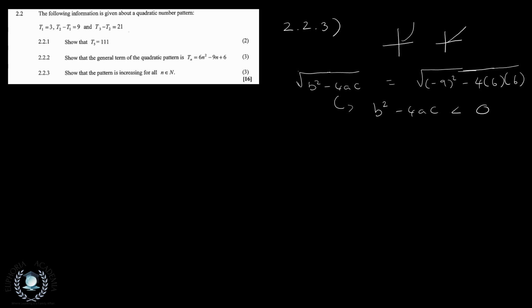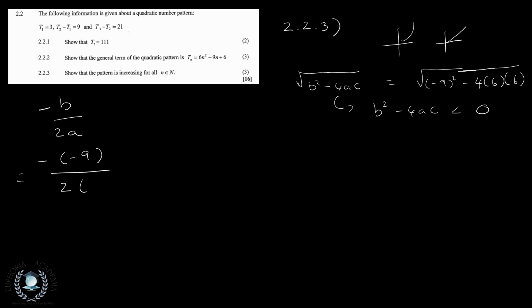But if we use the beginning bit of the quadratic formula, we get something useful, because we're only meant to show that this thing is increasing, right? So the beginning bit is just the minus b over 2a. Okay, so let us substitute what our b is. Our b is -9, and that is divided by 2a.